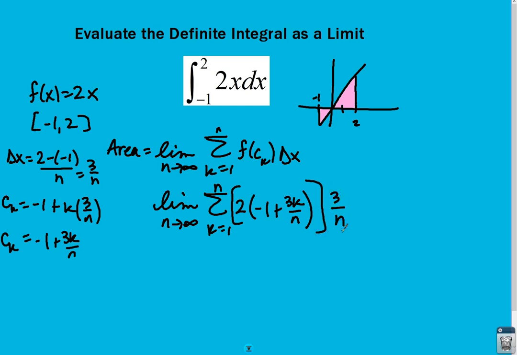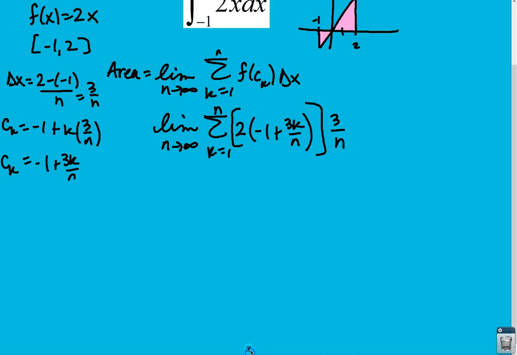Okay, so from here I'm just going to try to clean this up a little bit and say the limit as n approaches infinity, k equals 1 to n.